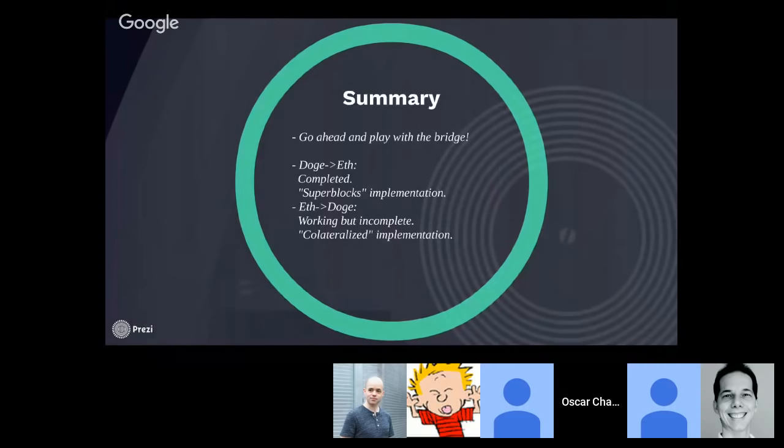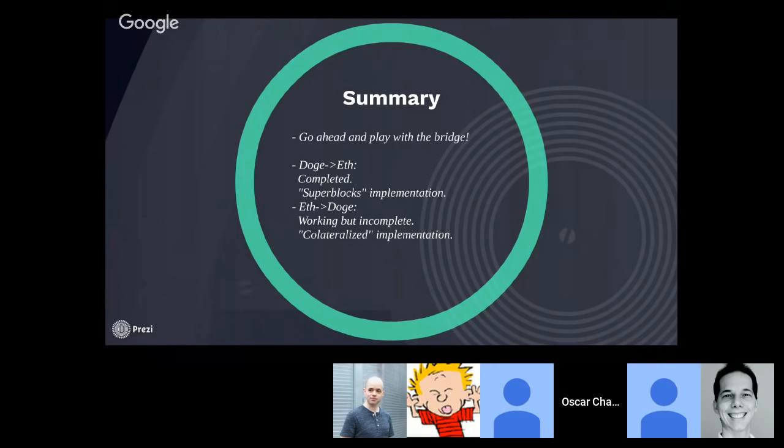So, summary. The bridge is running on Rinkeby. Please go ahead and play with it. If you find any bug or any problem, please create an issue on our GitHub.